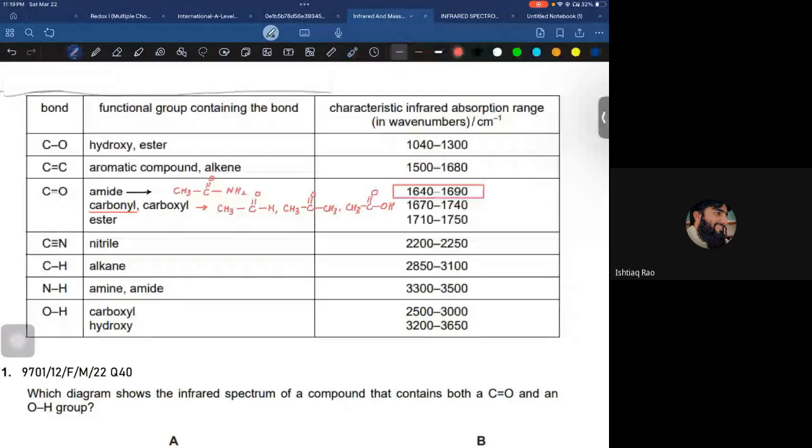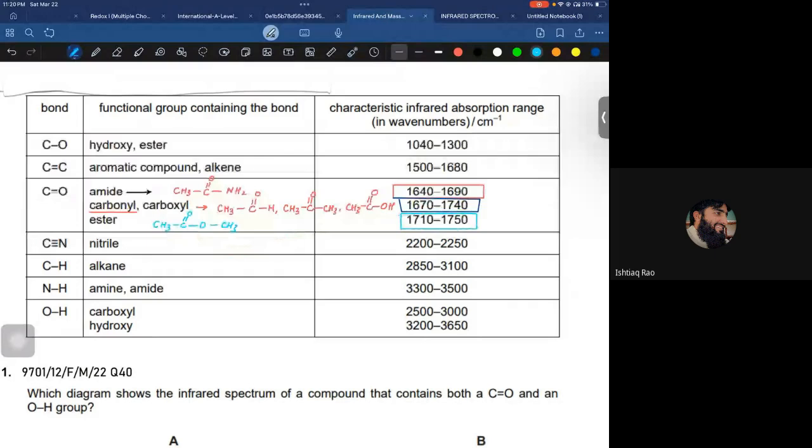This much frequency they will absorb. Then if the C double bond O is present in ester, this carbonyl will absorb this much frequency. सेट हो गया?